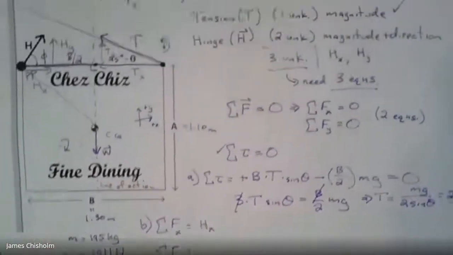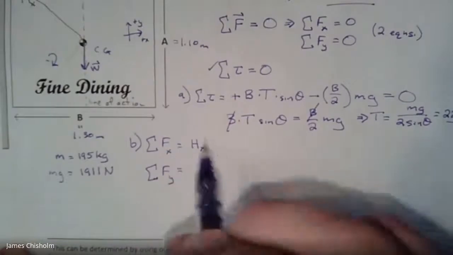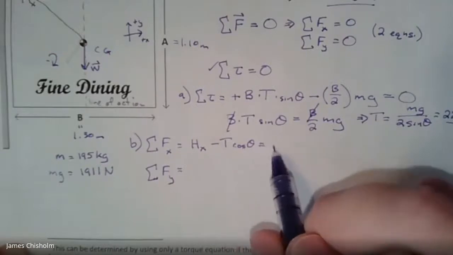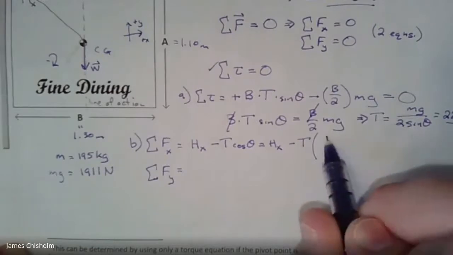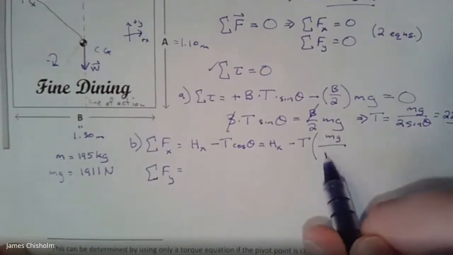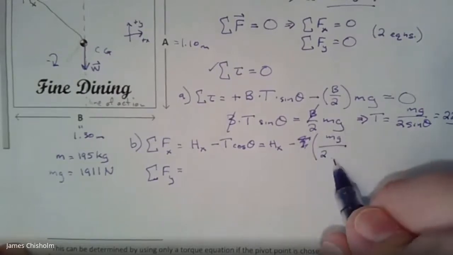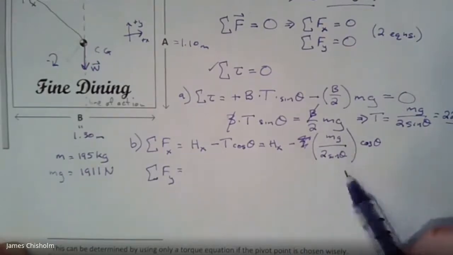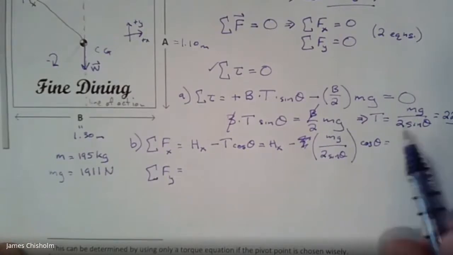And so if I go back to my force equation, I have Hx minus T cosine theta, and then I'm just going to substitute right in T, which is mg divided by 2 sine theta, and then I multiply by cosine theta. And so I have cosine theta over sine theta, which I could turn into a cotangent, but I absolutely hate the cotangent. So I'm going to instead write it as tangent theta.